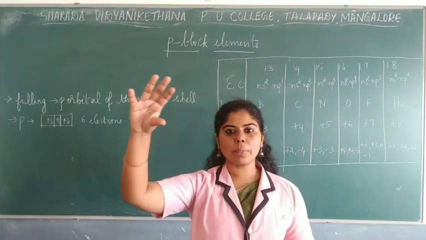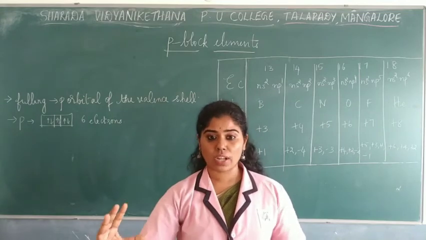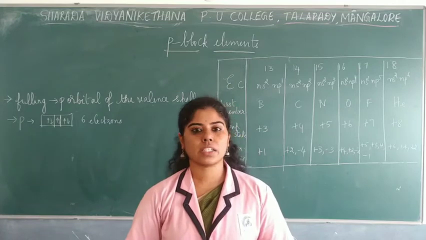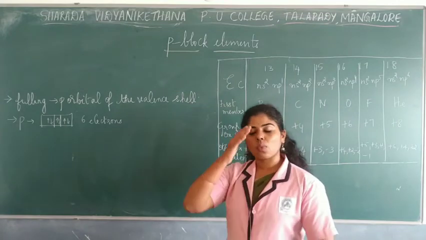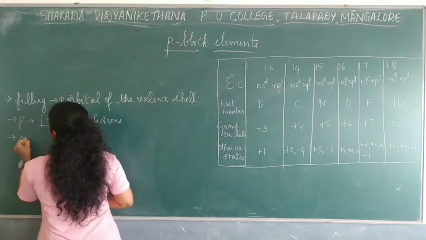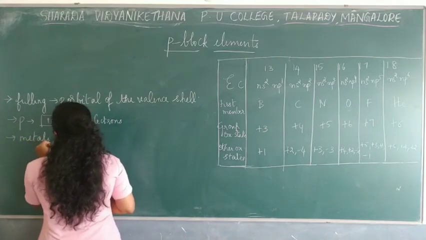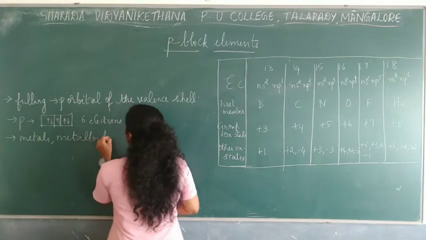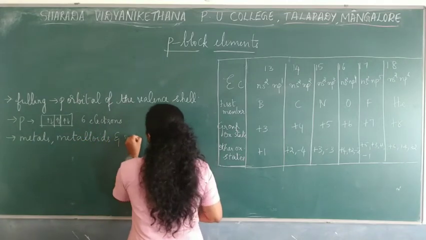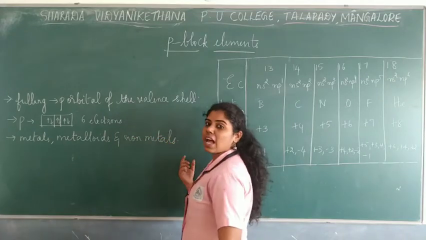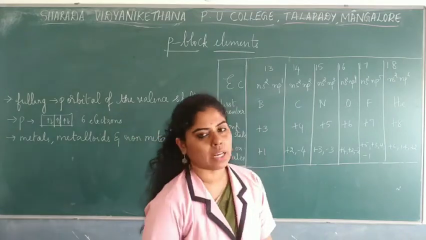You have non-metals at the start, then metalloids, but towards the heavier elements it turns out to be metals. So all 3 are present in p block elements.